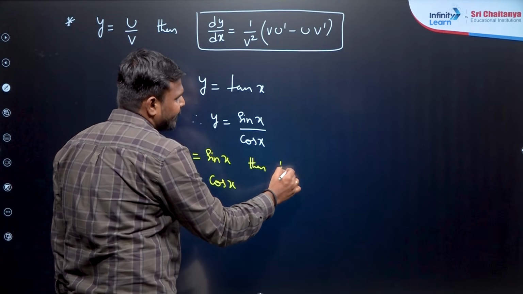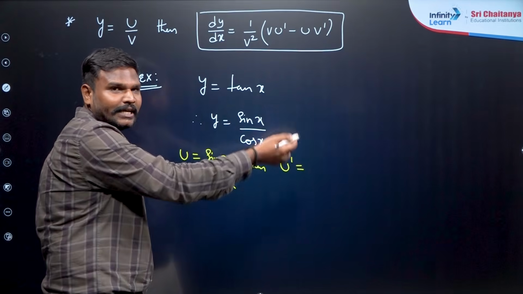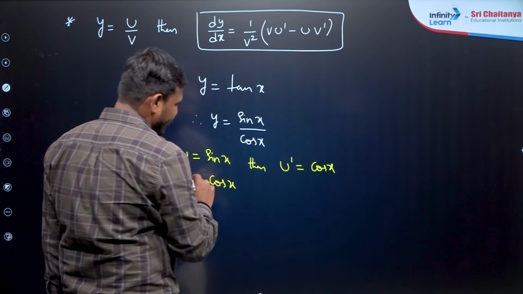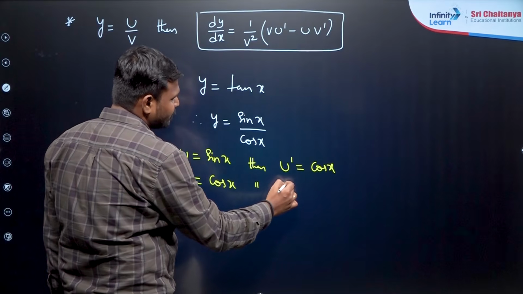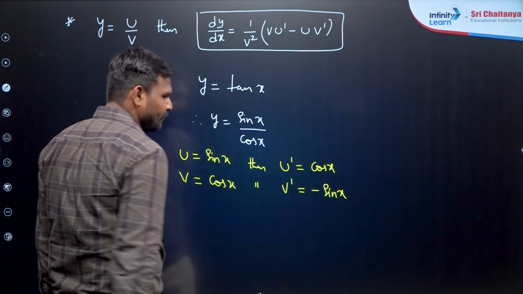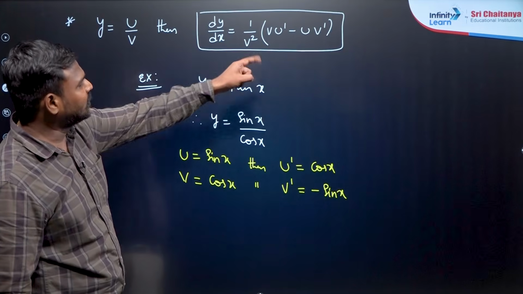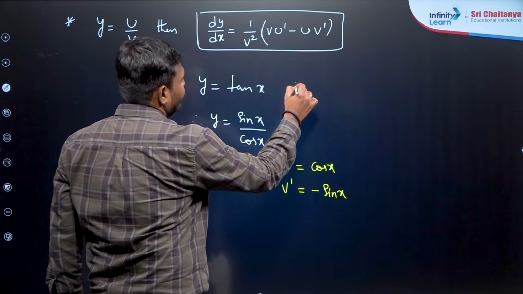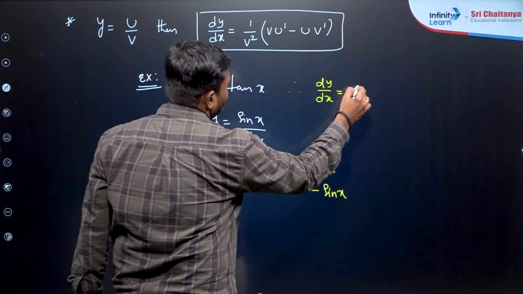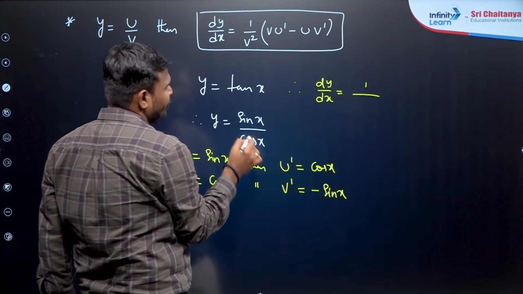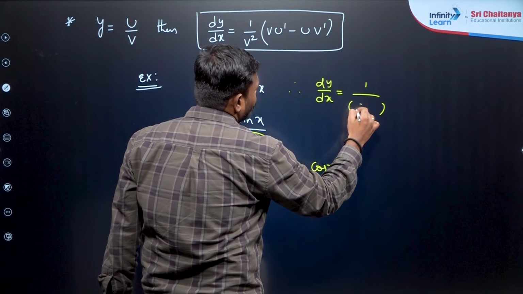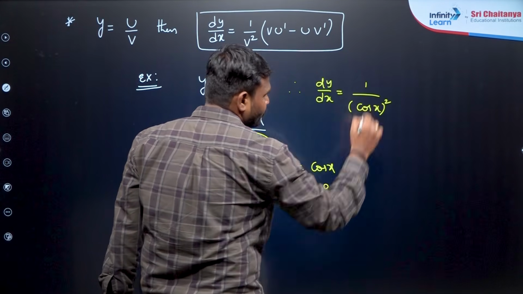What is the derivative of sin x? We have seen, cos x. What is the derivative of cos x? Correct, minus sin x. Now we have to write in this form. Therefore, differentiation dy by dx is equal to 1 by the square of the denominator, so cos x whole square.